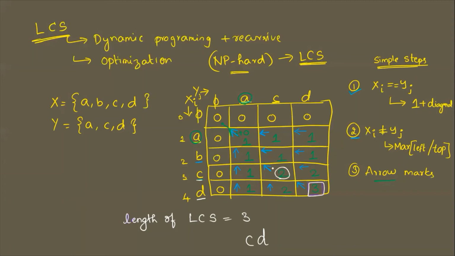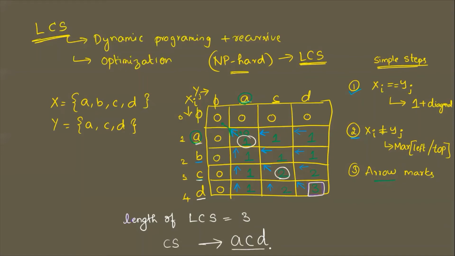This is done. This is done. And here it is going up. Here we consider only the diagonal values, not up or left side arrows. So here we are not considering, but we are traversing towards this. So here you can find diagonal and what is the value? A and A. So that's it. Write down A here.